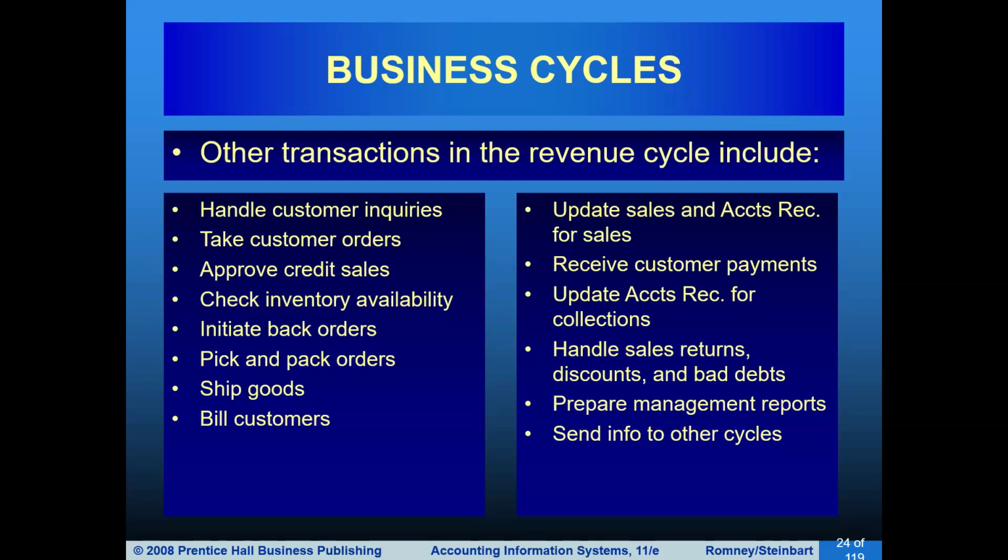You handle customer inquiries, take customer orders, approve credit sales, check inventory availability, initiate back orders, pick and pack orders, ship goods, bill customers, update sales and accounts receivable for sales, receive customer payments, update accounts receivable for collection, handle sales returns, and bad debts. Prepare management reports and send information to the other cycles.